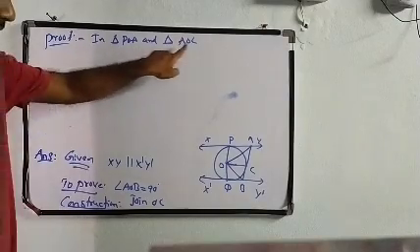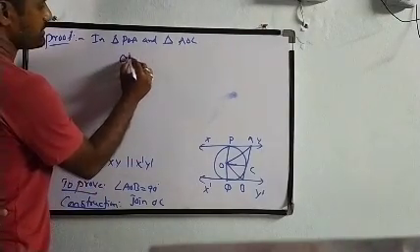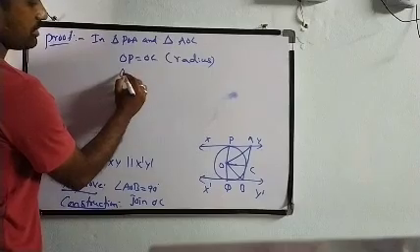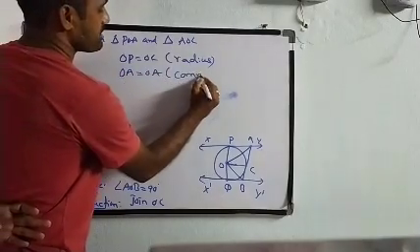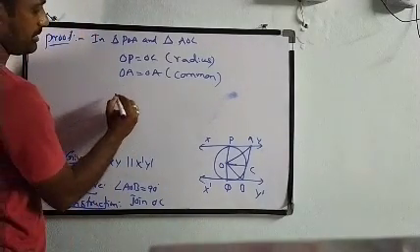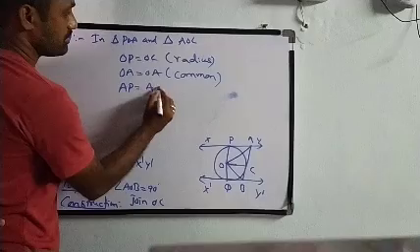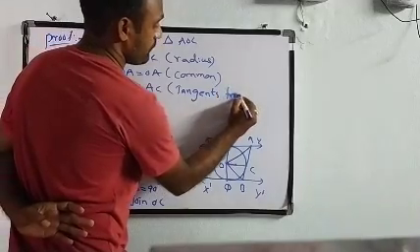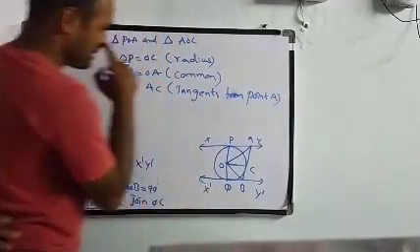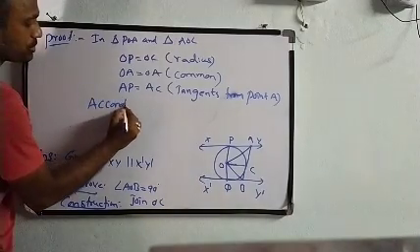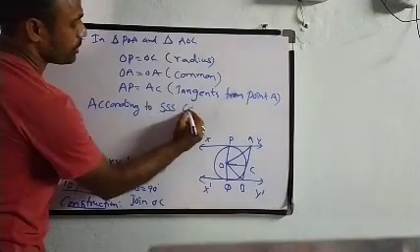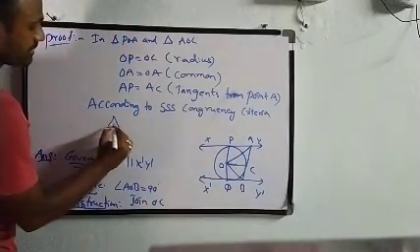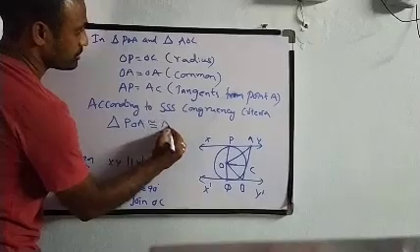Here OP is equal to OC, because they are radii of a circle, and OA is equal to OA, which is a common side, and AP is equal to AC, which are tangents from external point A. So according to SSS congruency criteria, we can say that triangle POA is congruent to triangle AOC.